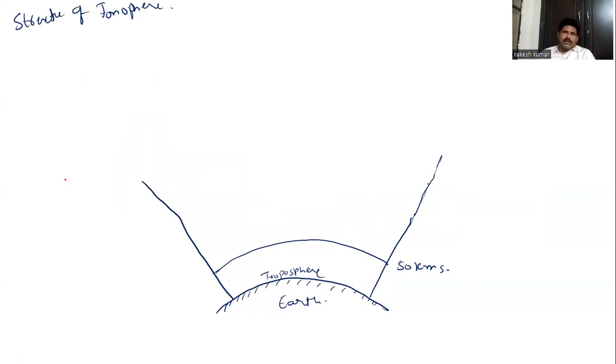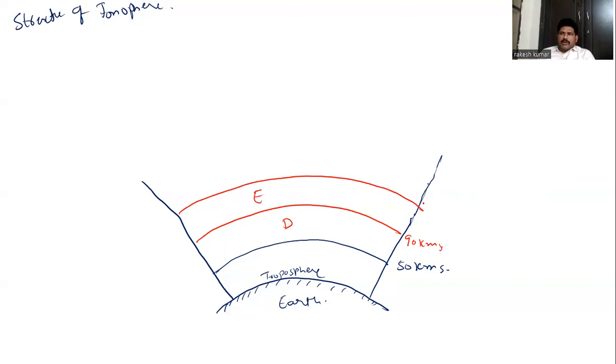The first layer of the ionosphere is the D layer. The D layer extends from 50 kilometers to 90 kilometers. Next, the second layer of the ionosphere is the E layer. The E layer extends from 90 kilometers to 140 kilometers.